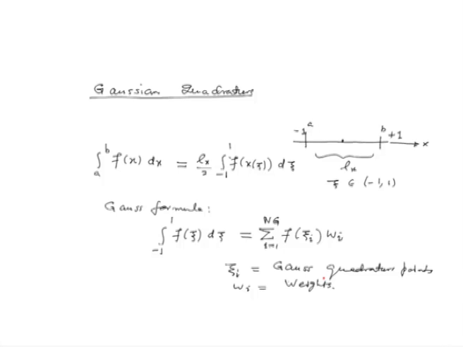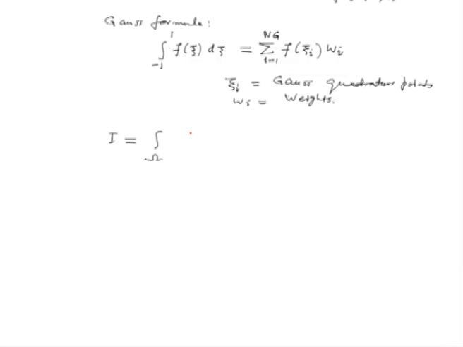For instance, if you want to find out an integral in 3 dimensions, that is to say the integral over a 3 dimensional domain of g x d omega, we can easily express this as the integral from -1 to 1, -1 to 1, -1 to 1 of g x, where x would be given in terms of xi, eta, zeta, multiplied by what we call a Jacobian, dxi d eta d zeta.